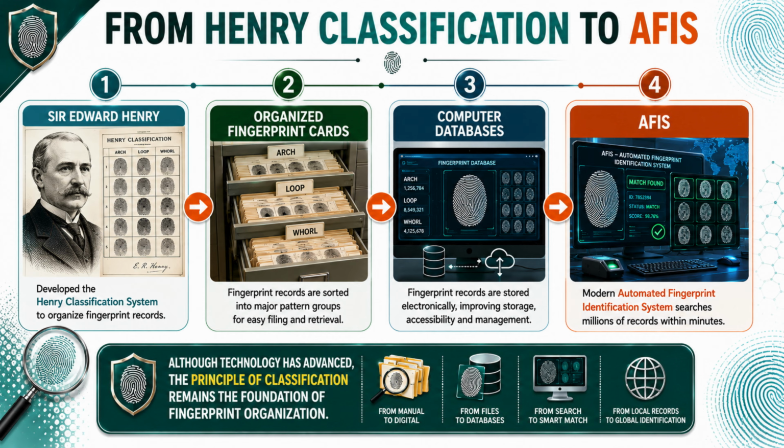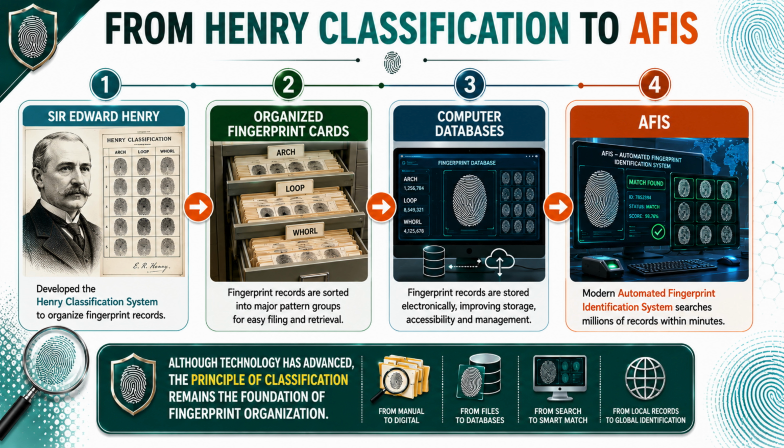The importance of classification became even greater with the development of the Henry classification system by Sir Edward Henry in the late 19th century. Before this system, organizing fingerprint records was extremely difficult. Henry's method provided a logical way to arrange fingerprint cards according to mathematical principles and pattern types.